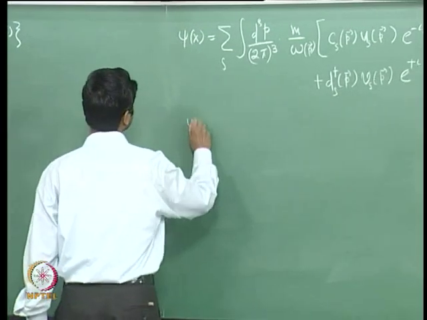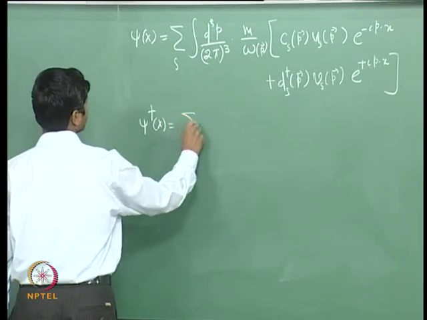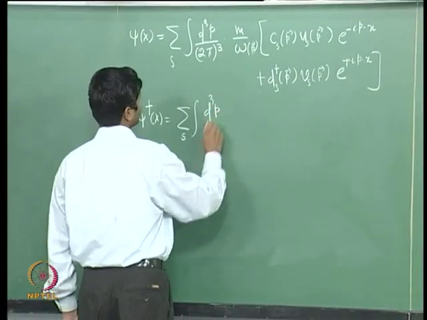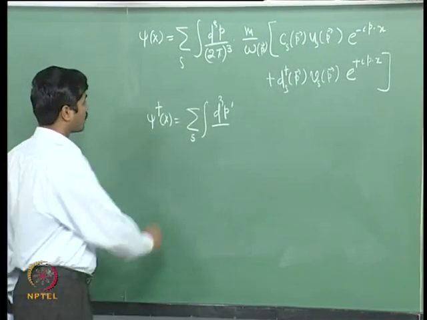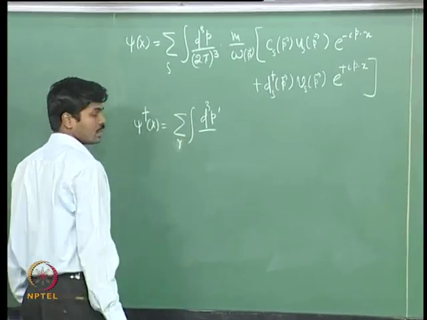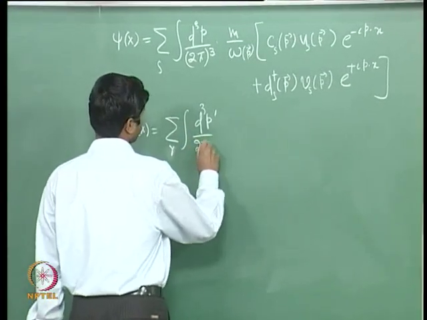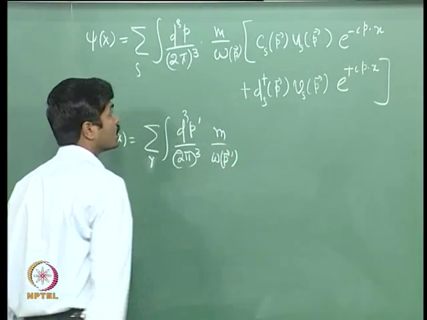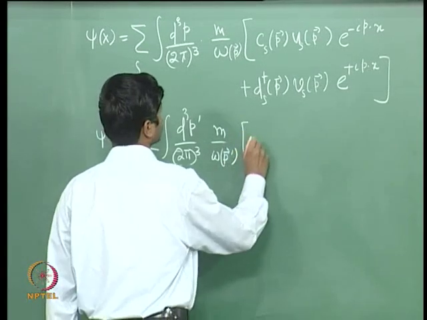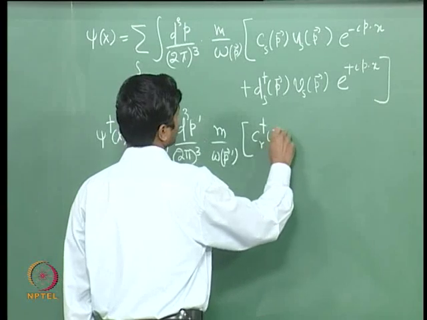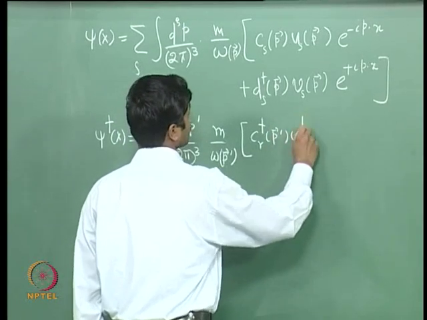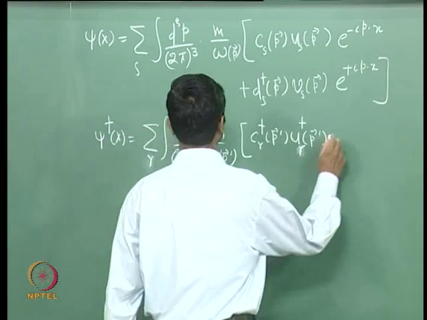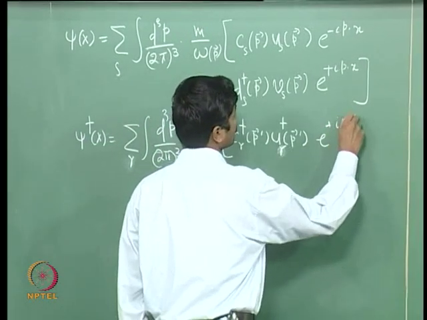What is psi dagger? It is the sum over s, integration d³p prime, I will use for the integration variable, and for this one I will use r, over (2π)³ m over ω_p prime, c_r dagger of p prime, u_s dagger of p prime, u_r dagger of p prime, e to the power plus i p prime dot x prime.